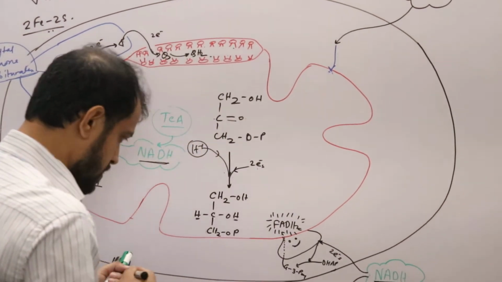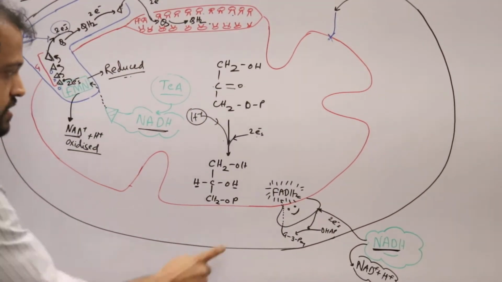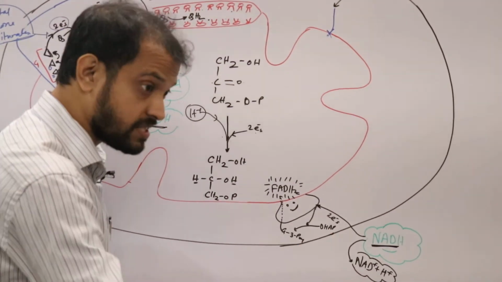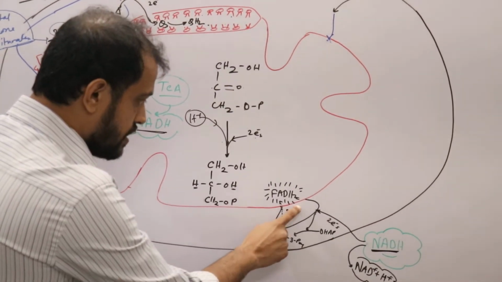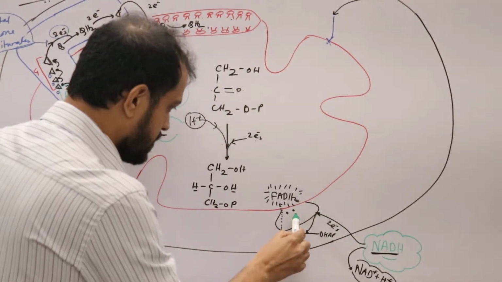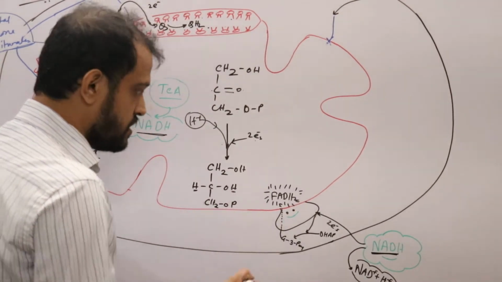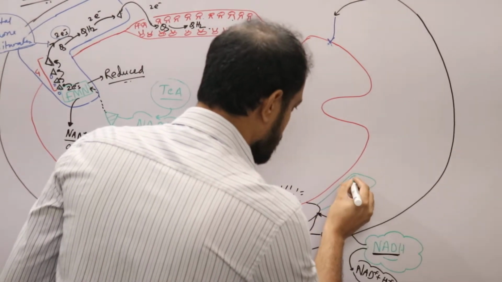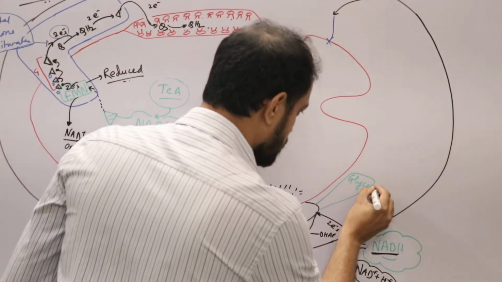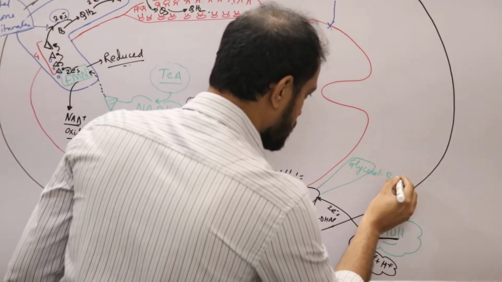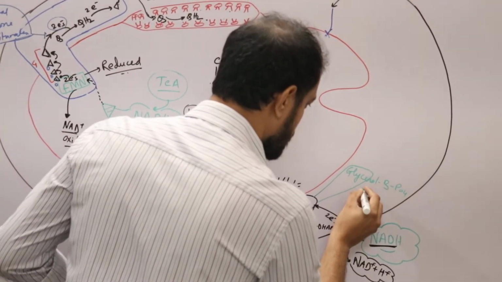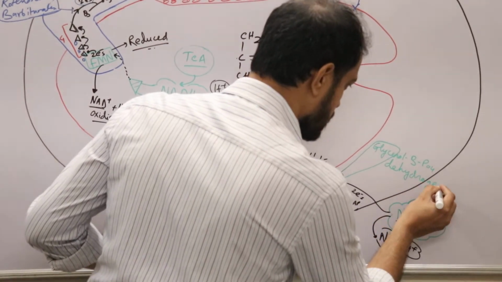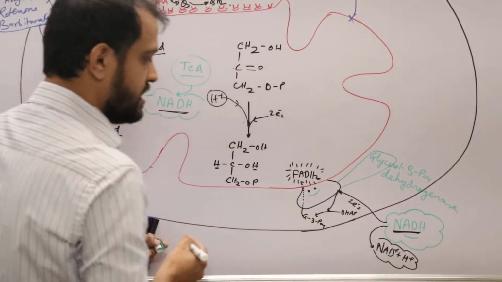If you want to know where this comes from, you should understand that this enzyme's name is glycerol 3-phosphate dehydrogenase.